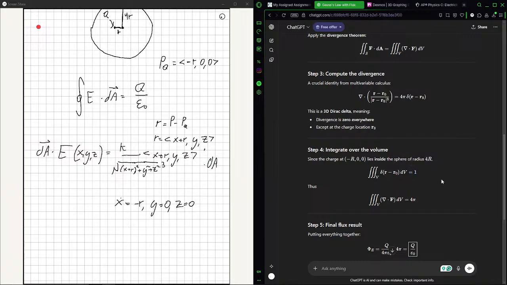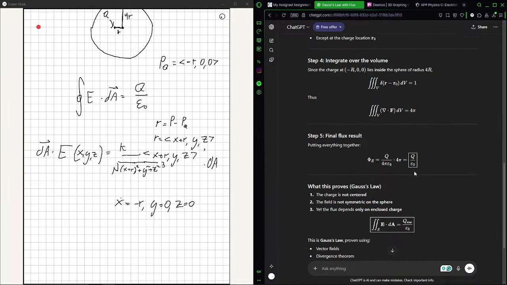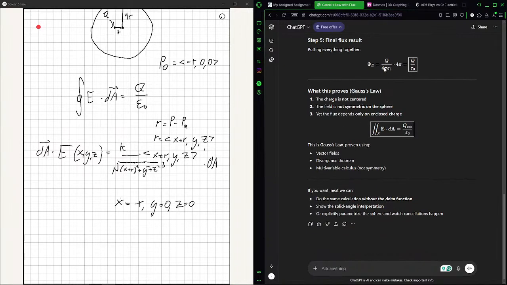Oh, I think this is flawed, but that's just equal to the surface area, I guess. I don't know, this is not perfect. But the Dirac delta function is the correct way of doing it. Which is actually so insane.